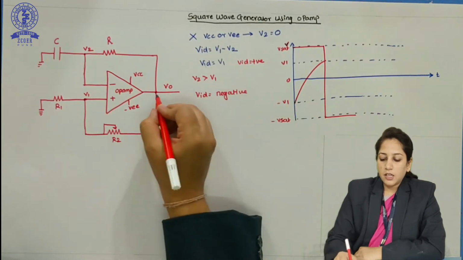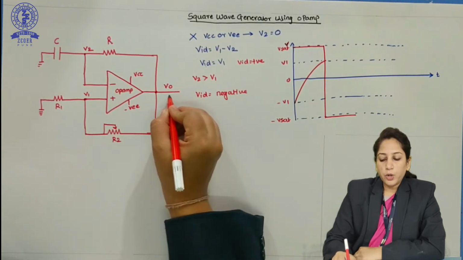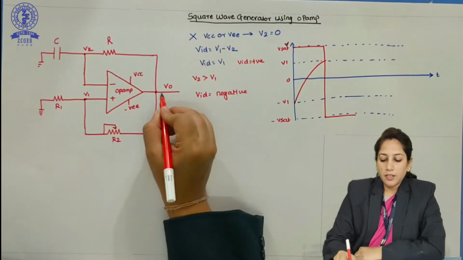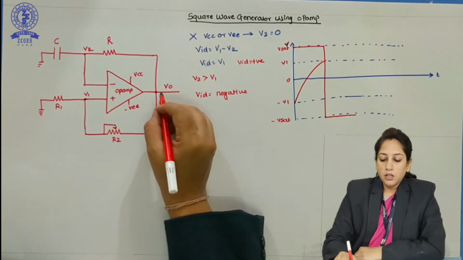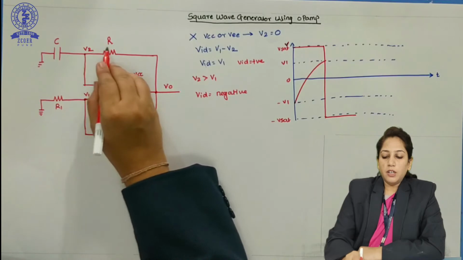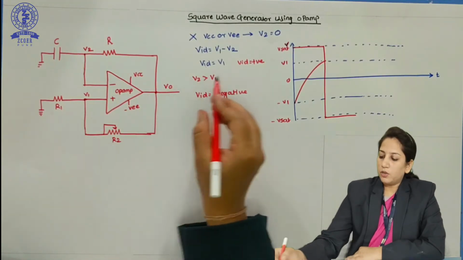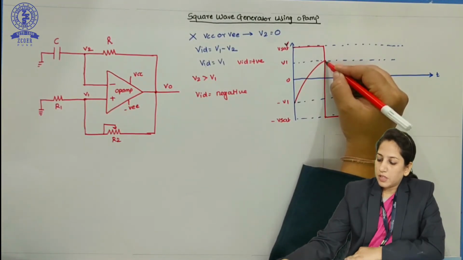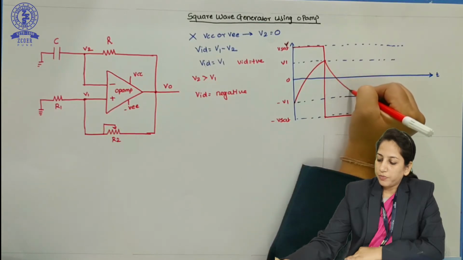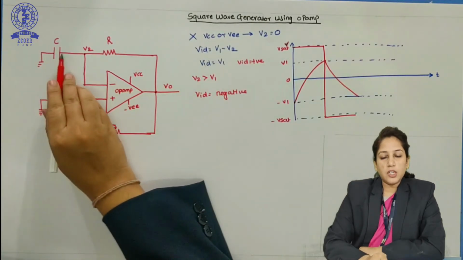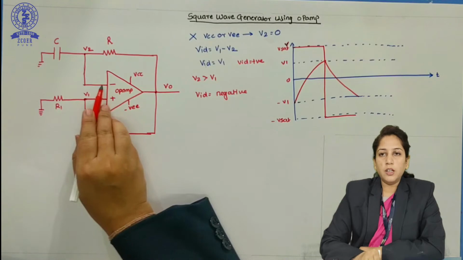Okay, as my output goes into minus V saturation, at that time again my capacitor will discharge through this resistor. So the capacitor will start discharging. As the capacitor discharges, voltage V2 will decrease.